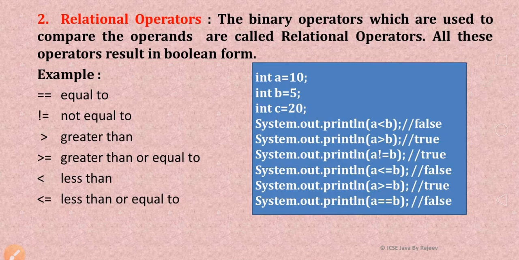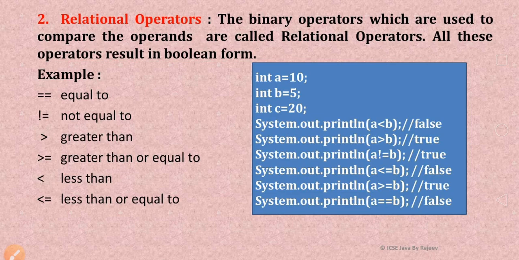Second is relational operators. The binary operators which are used to compare the operands are called relational operators. These operators result in Boolean form, which means the output always comes in two forms, either true or false.